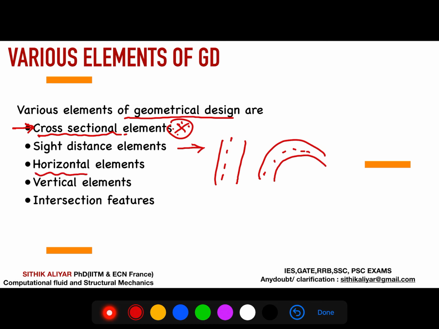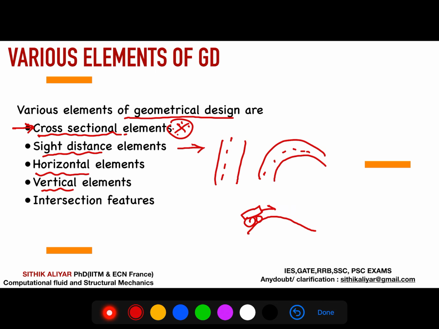That is the third topic. First is side distance, second is horizontal elements, and third is vertical curves. Consider the curves will be something like this if the vehicle is going something like this. So we should consider these geometric design aspects when designing vertical curves or vertical elements, horizontal elements and straight roads.